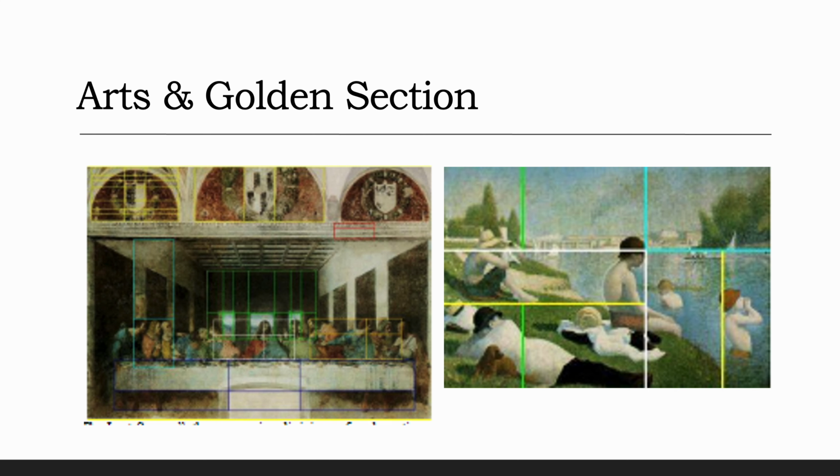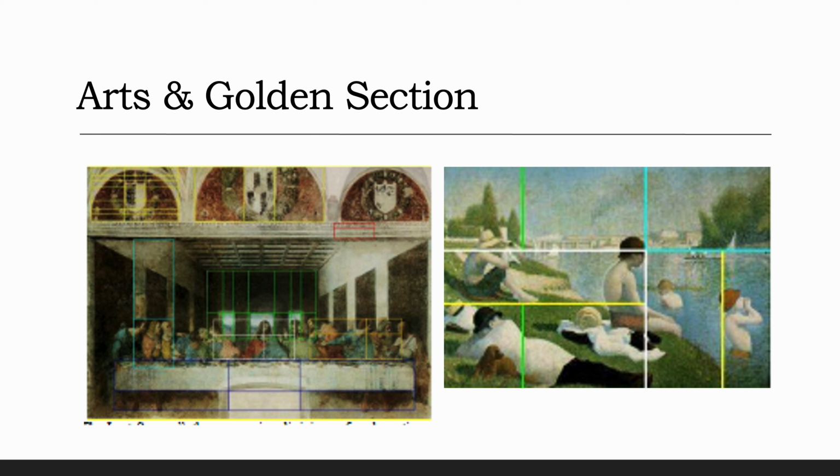Art and the golden section. Here you can see Leonardo da Vinci's Last Supper shows all of the key dimensions of the room and table were based on this golden section, which was known in the Renaissance time as the divine proportion. The successive divisions of each section of the painting by the golden ratio define the key elements of the composition.